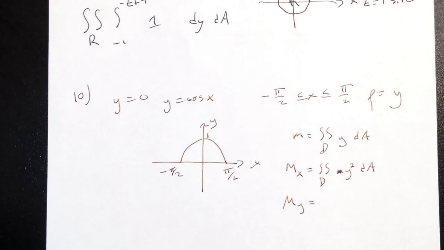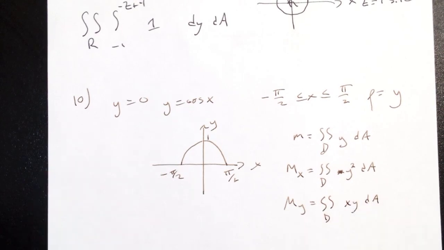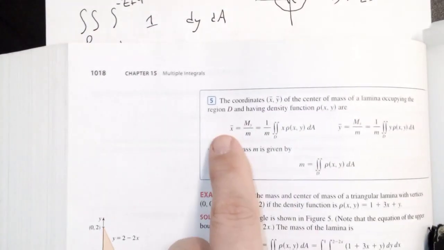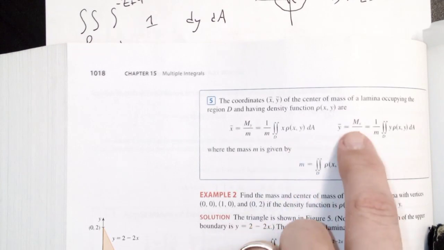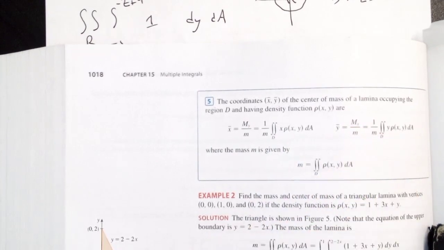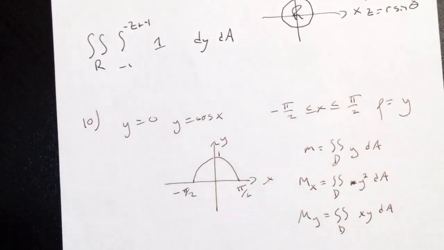And My is the double integral of x. Page 1018. X bar has the x times, there's the y times. I'm glad we get a note card. Okay.